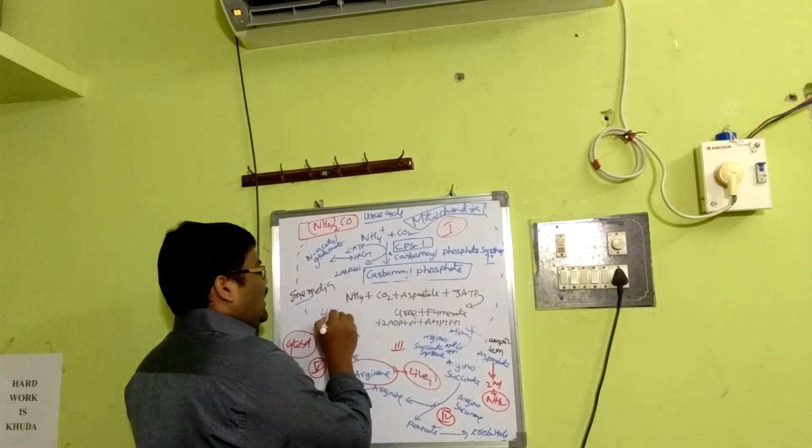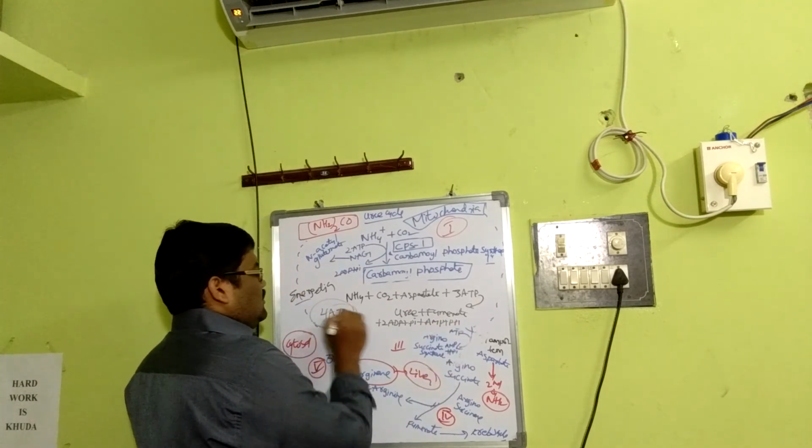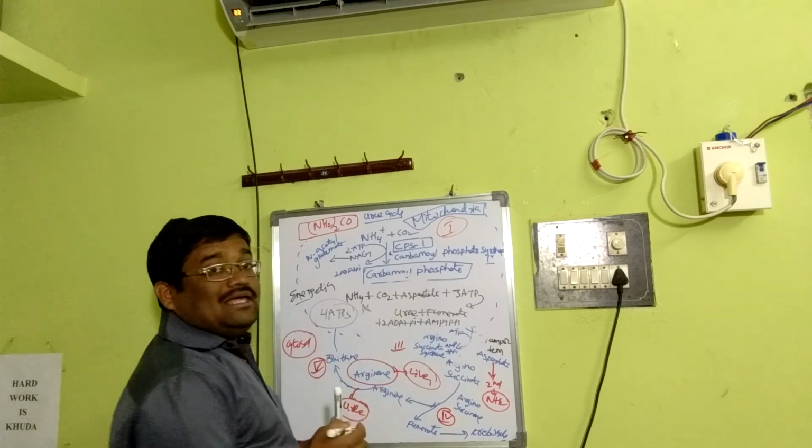So totally 4 ATPs will be utilized in the urea cycle.